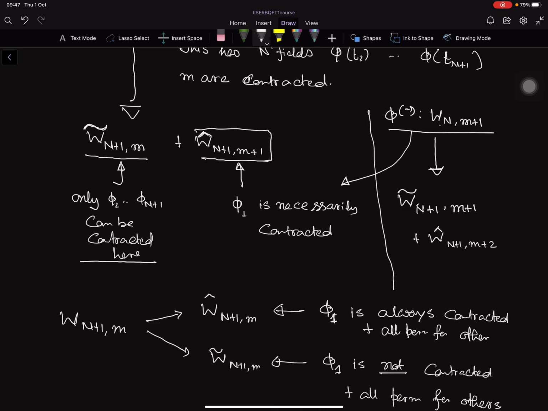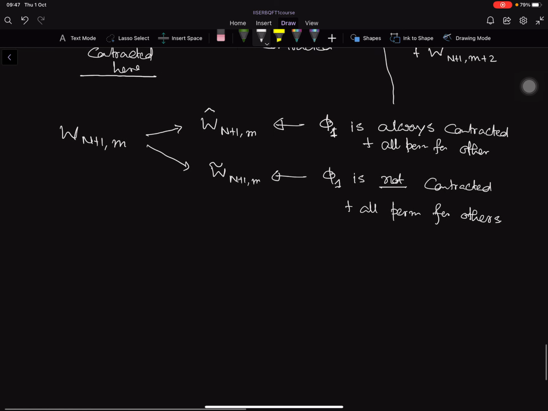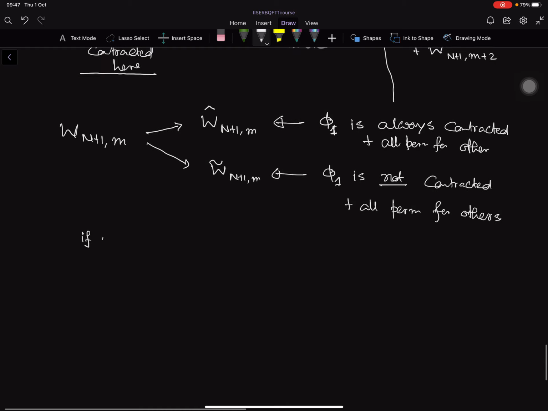So in this way I can add these two to get all possible Wn plus 1 comma m plus 1. If you just complete these steps, then this will be the proof of Wick's theorem.